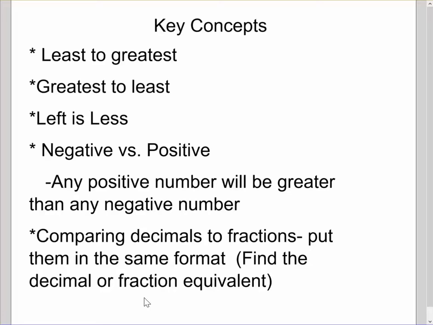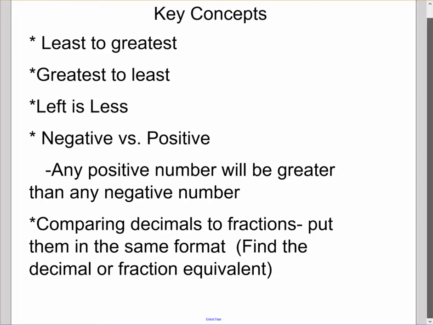One other thing we're going to do when we put these numbers in order from least to greatest is this: sometimes you'll be given fractions, sometimes decimals, sometimes within the same set you'll have both. So you want to make sure you're putting them in the same format.